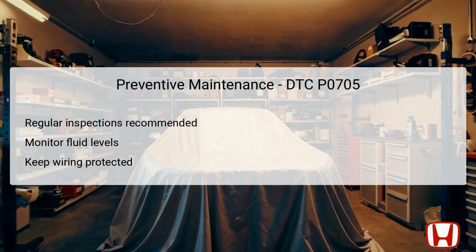It is also wise to monitor transmission fluid levels and quality, because inadequate lubrication can lead to overheating and component failure. Lastly, protecting wiring from abrasion or exposure to elements can preserve functionality. Taking proactive measures ensures long-term reliability and enhances vehicle safety.